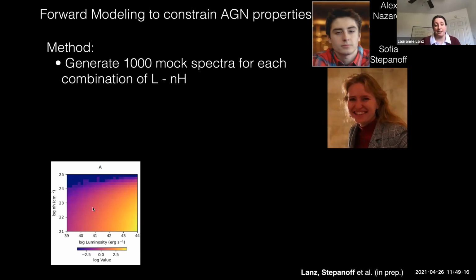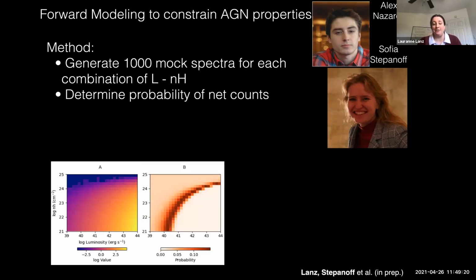Then we take the distribution in each pixel and ask, how likely is it that that distribution of the number of counts that we would get for that particular luminosity and obscuration combination would have generated the number of observed counts for that particular galaxy? So if we observed 3, how likely is that distribution to have yielded 3, plus or minus the error on the observed number of counts?